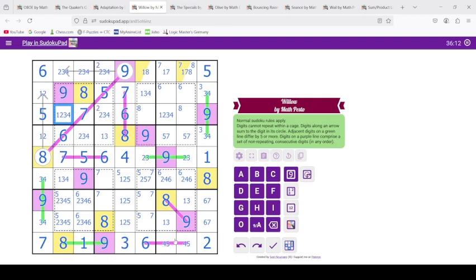Let's see. I have been missing something over here. 3 makes that a 1. Should make that a 1. Otherwise 2 makes one of those a 2.